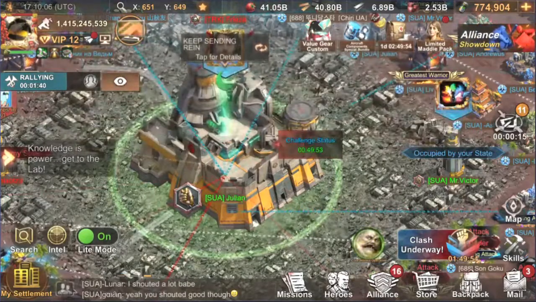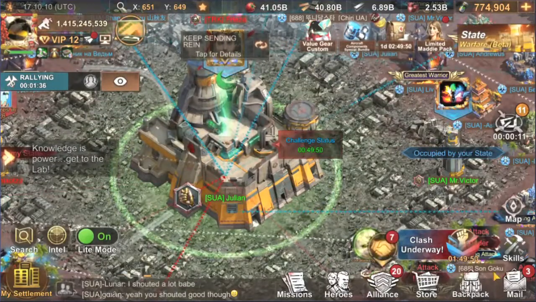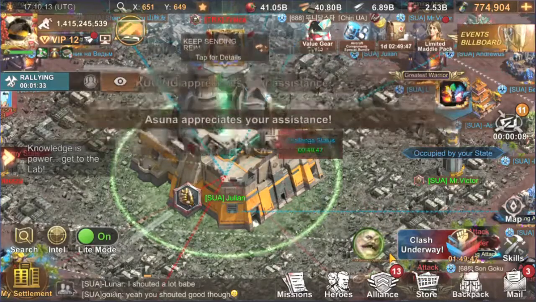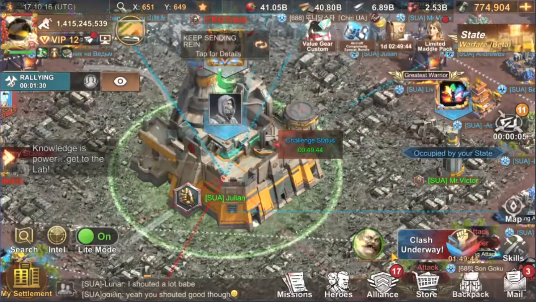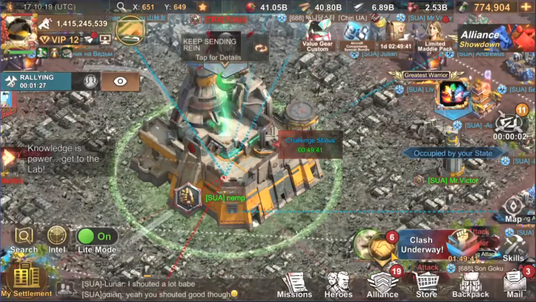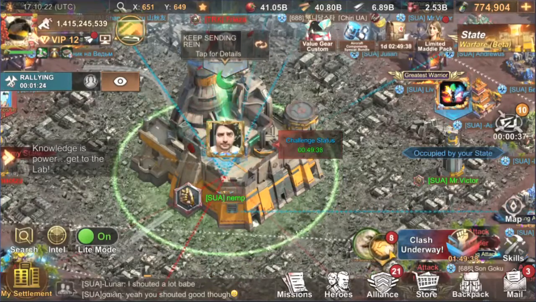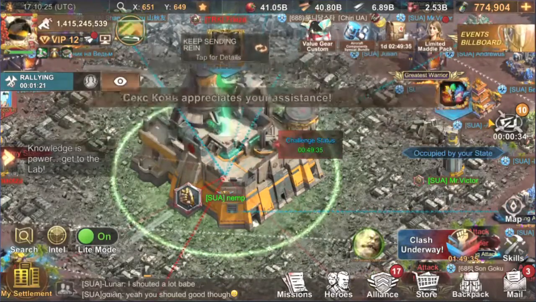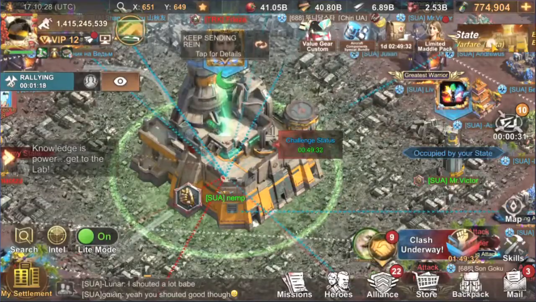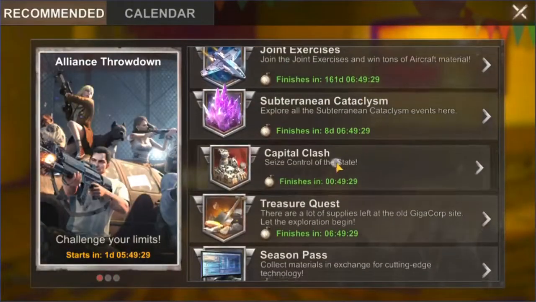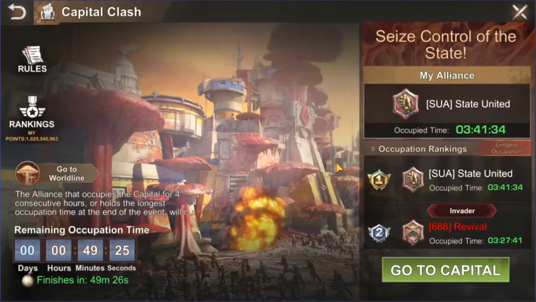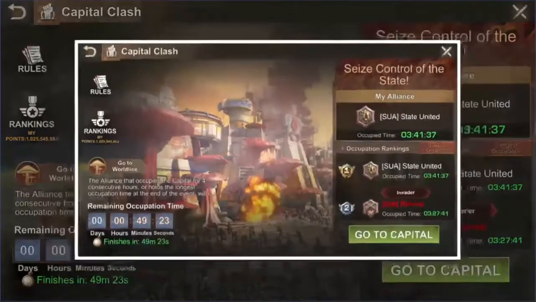This particular one, I think at the 6 hour mark, was locked pretty close. It was a case of both teams having around 3 hours of holding time. So 5 to 10 minutes can really be a deciding factor.